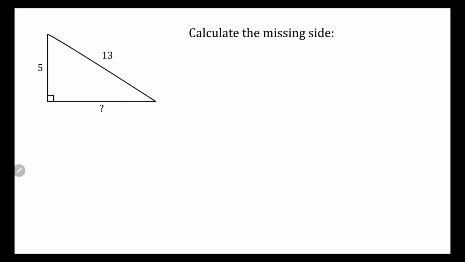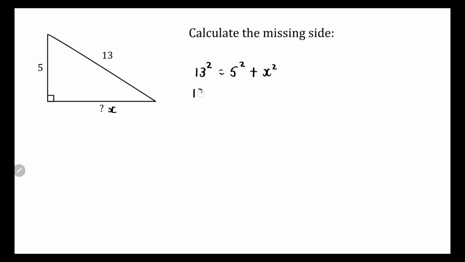Now moving on to the second example, we can see yet again that it is a right-angled triangle, so we can use the Pythagorean theorem once again. So it is the hypotenuse squared equals the side squared plus the other side squared, which we are yet again going to label as x.